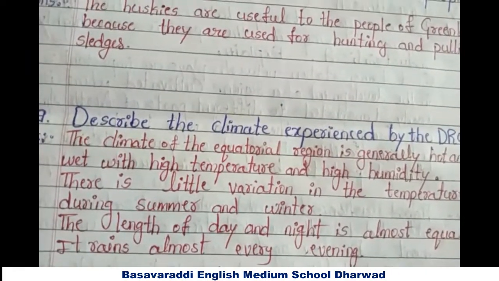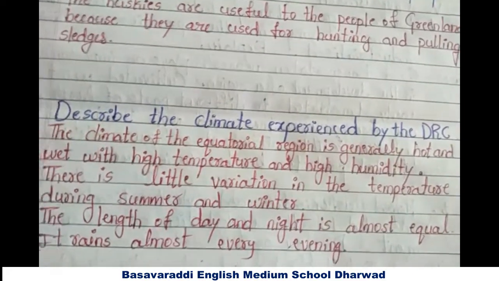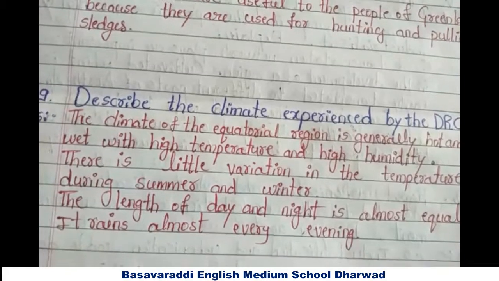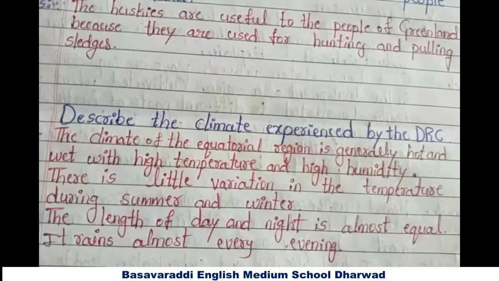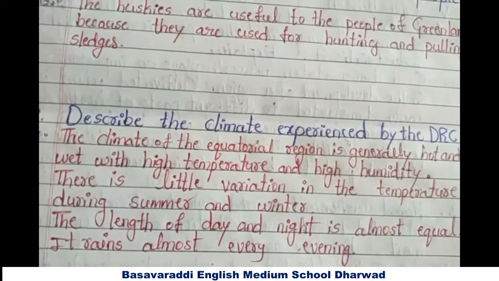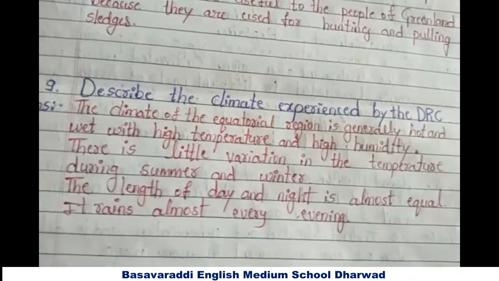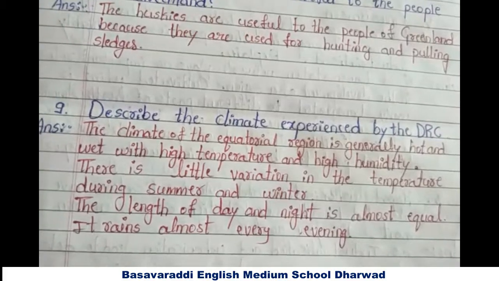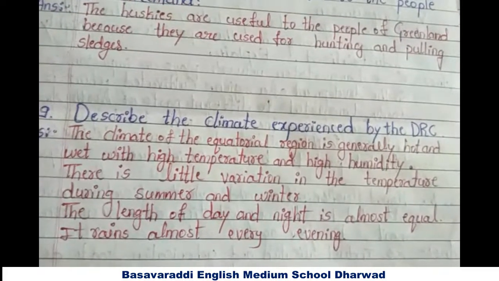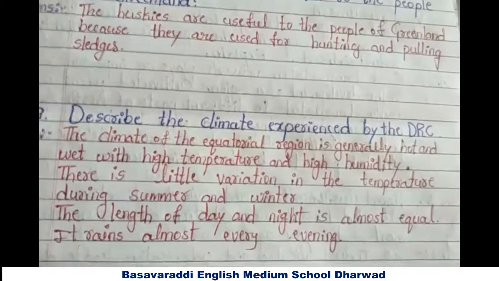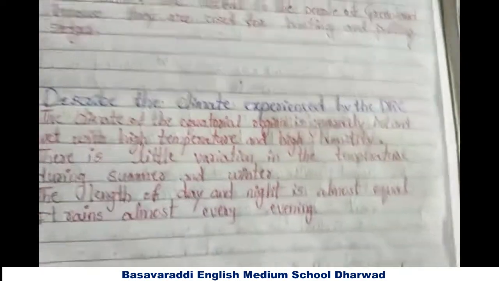There is little variation in the temperature during summer and winter. The length of the day and night is almost equal. It rains almost every evening. Which regions are surrounded by the equator? That is called the equatorial region.